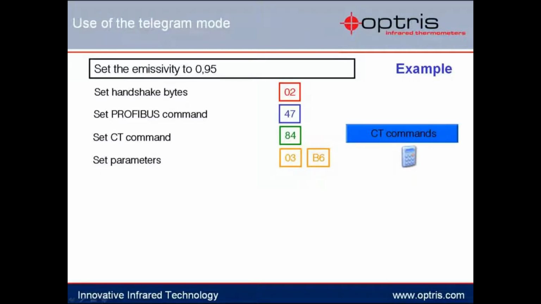As we will not read out a value from the sensor but will change a value, the emissivity, we need to add a checksum as well. This XOR checksum will be formed through the third byte and the value bytes. In our case, this checksum is 84 XOR 03 XOR B6.